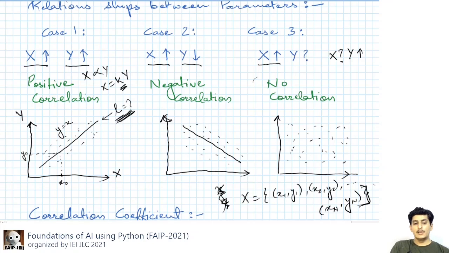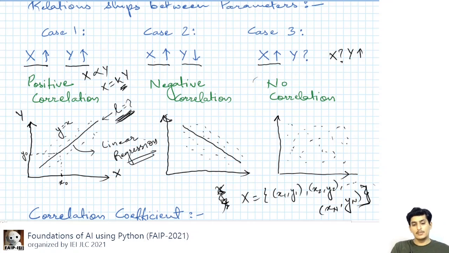However, to give you a glimpse of where we are going: given a scatter plot like this and given a correlation between x and y, identifying this line L is what we call linear regression. You all must have heard this term, linear regression, when you have been attempting to learn machine learning.